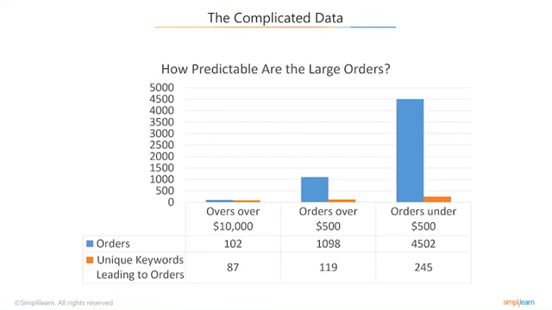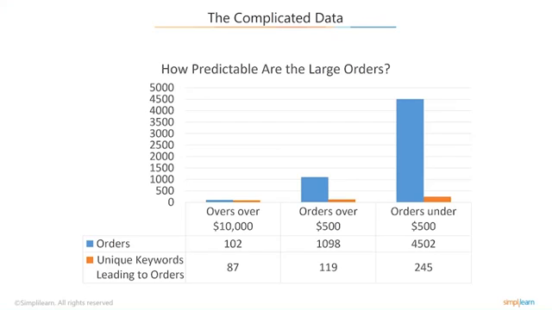Now, when they looked at it, what happened is, you look at how predictable are your sales. So in their case, of those 10,000 orders, they had 102 that came from 87 different keywords. In other words, rarely did a keyword get 2 large orders. And if it did, it probably didn't the following month.